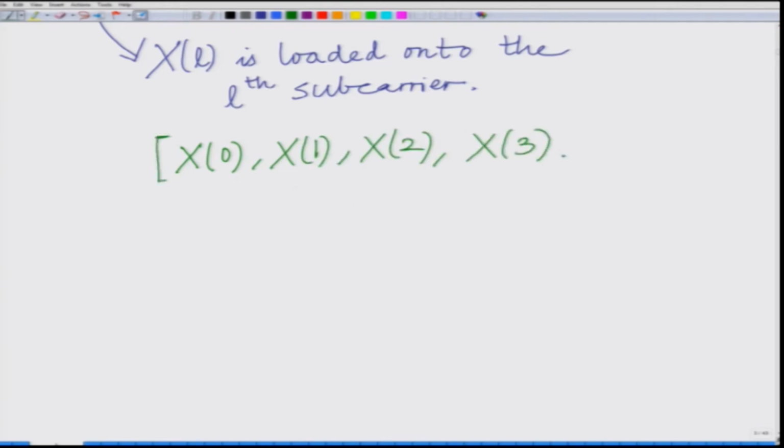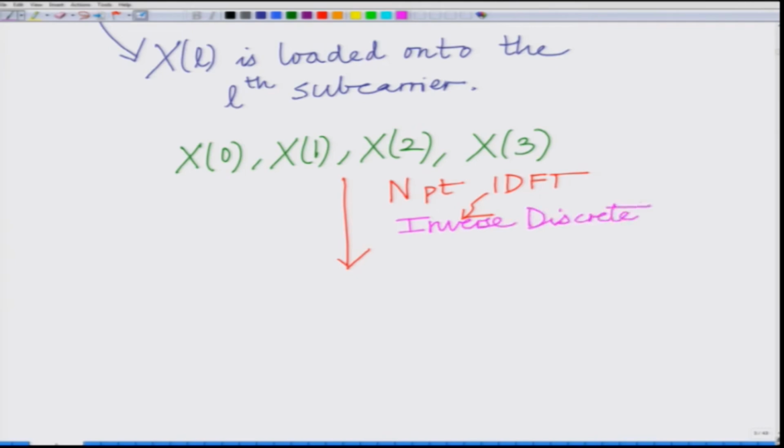What we are going to do with these symbols is perform the N-point IDFT, where IDFT stands for, as you all should be familiar with, the inverse discrete Fourier transform.